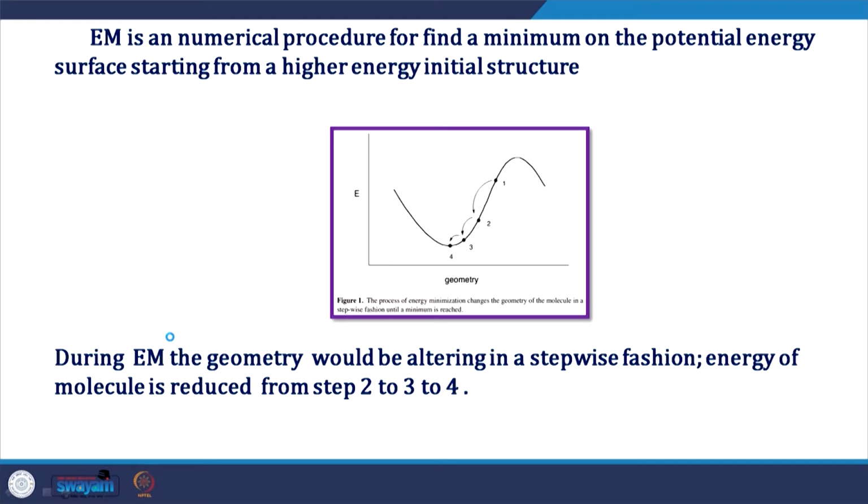You see the first one is at high energy, and you go down in energy with the alteration in the geometry. The energy of the molecule is reduced from 1 to 2 to 3 to 4 in that fashion.